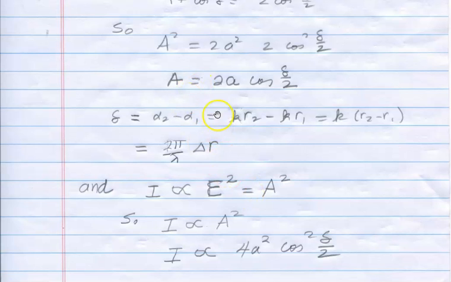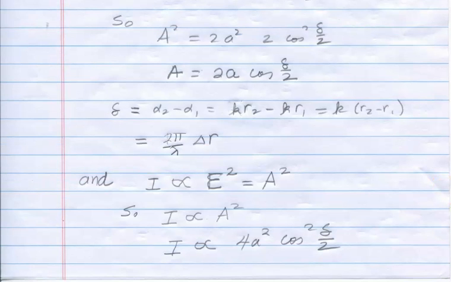The amplitude is 2a cosine delta over 2, and when I square it, I see that the intensity of the light hitting the detector is proportional to the amplitude squared, which is 4a squared cosine squared delta over 2.